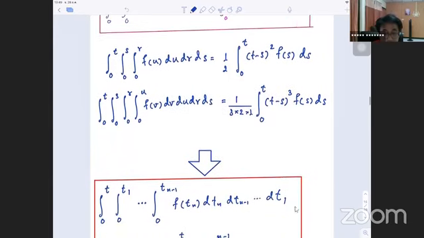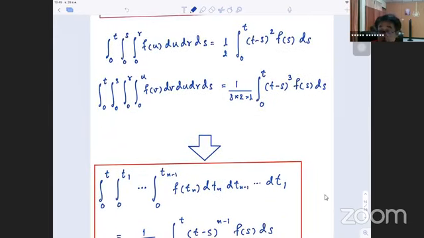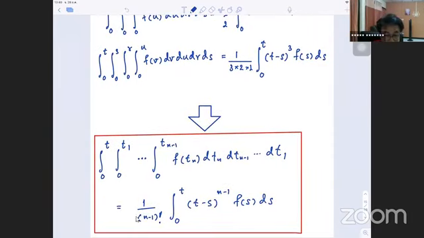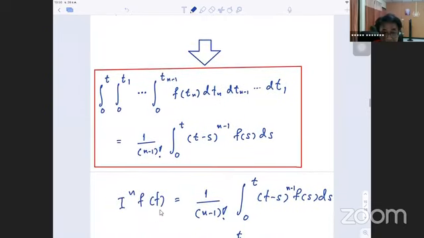Then for n time integral, it is a factorial function again, and if we want to construct the formula of fractional integral, then we change from factorial function to be gamma function. This is the symbol of n time integral, n time integration, and use the gamma function.